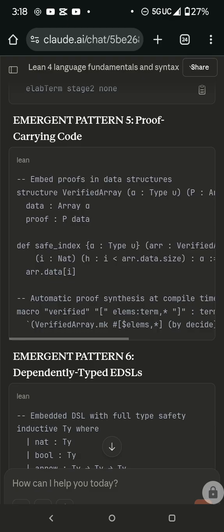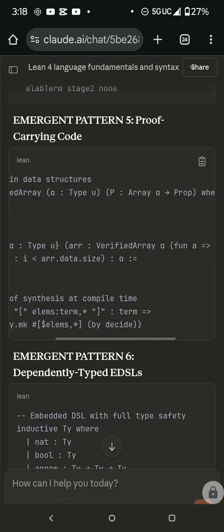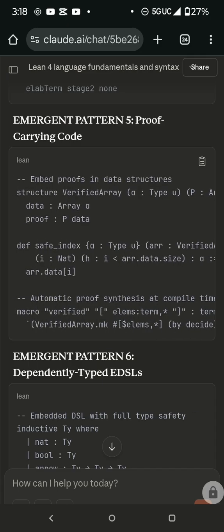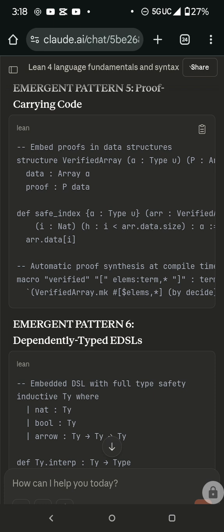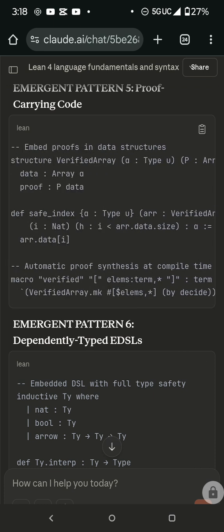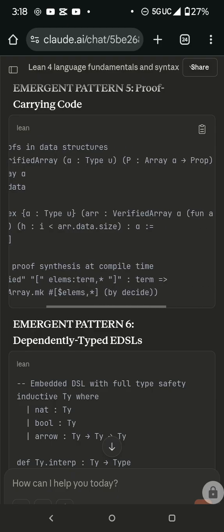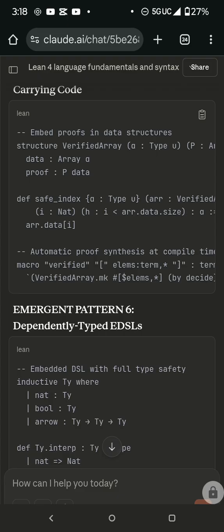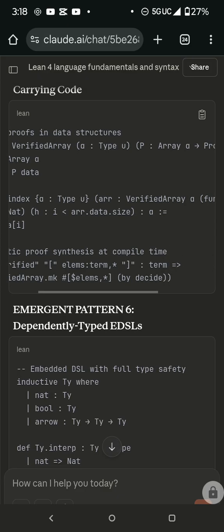By forming structure verified array in this manner, where it's like this, and the proof is with this P data. Define safe index, structure like this, like that, set it like that, and then as follows, like that. That is automatic proof synthesis. It suggests would be, this was what it would be at the compile time.